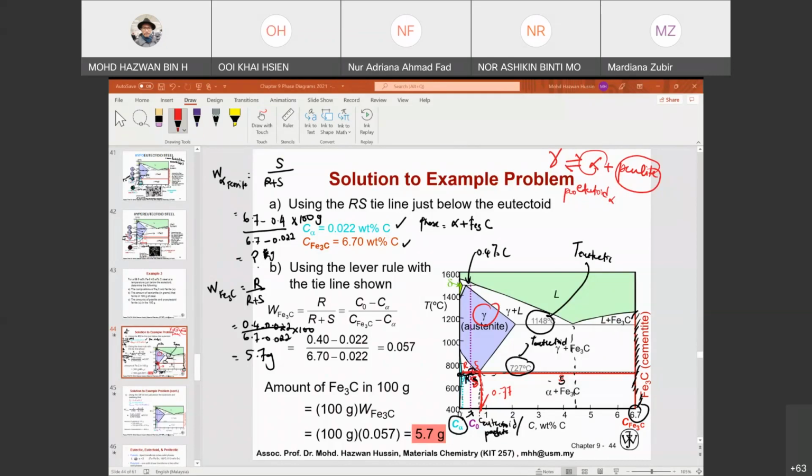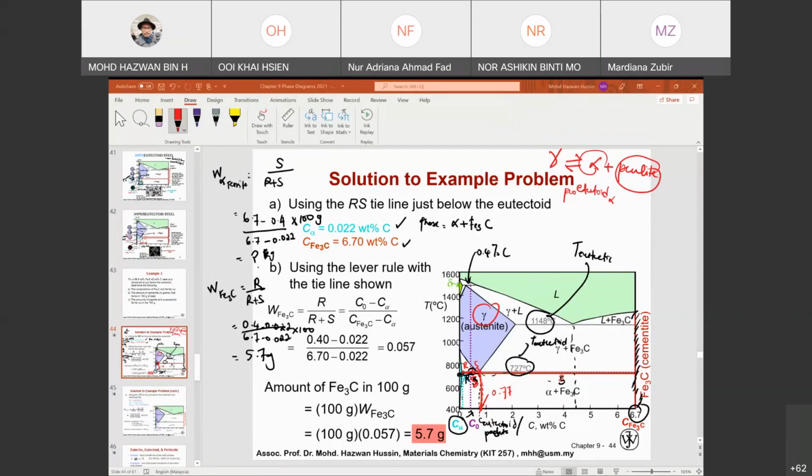Okay, Kashin, I want you to calculate the weight fractions of pro-eutectoid alpha. Based on this situation now, the composition that we are looking at is for pro-eutectoid alpha and also perlite.